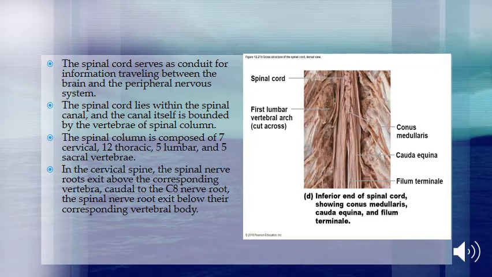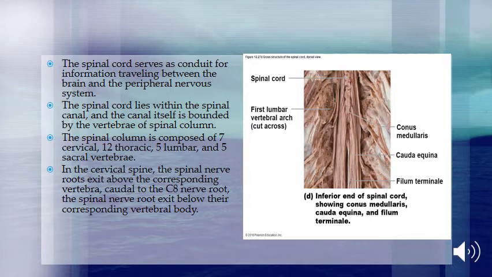So the cervical spinal nerve exits over the corresponding vertebral level. Example, C1, the spinal nerve goes over the first cervical vertebrae, and the cervical 8 segment exits above the first thoracic vertebrae.